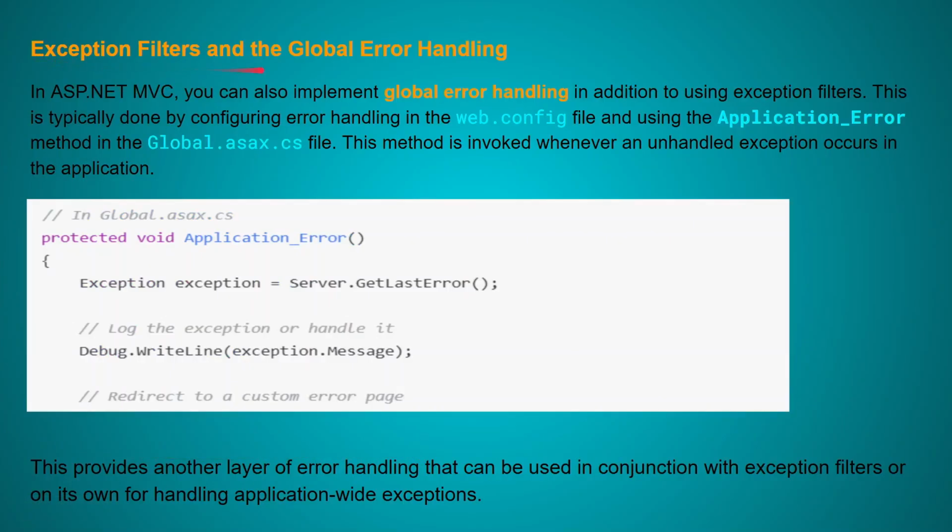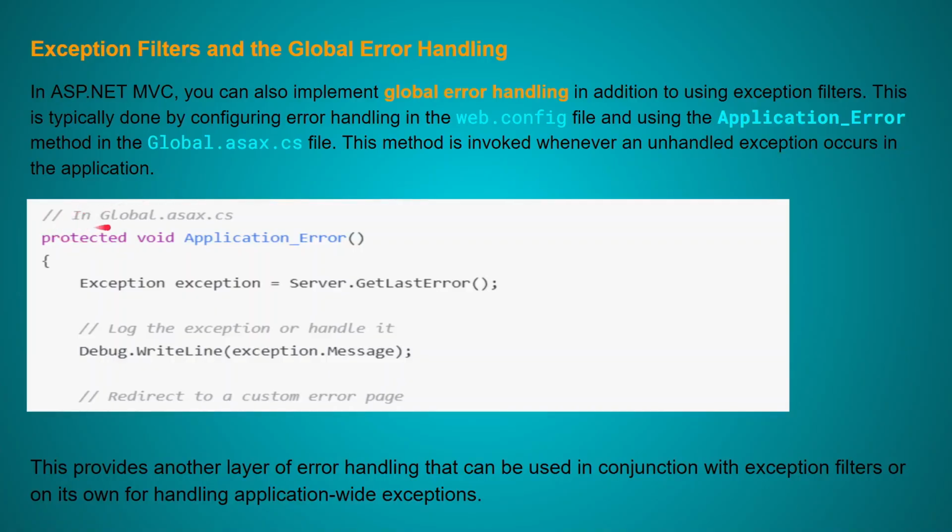Exception filters and global error handling. In ASP.NET MVC, you can also implement global error handling in addition to using exception filters. This is typically done by configuring error handling in the web.config file, or using the Application_Error method in the Global.asax page. This method is invoked whenever an unhandled exception occurs in the application.